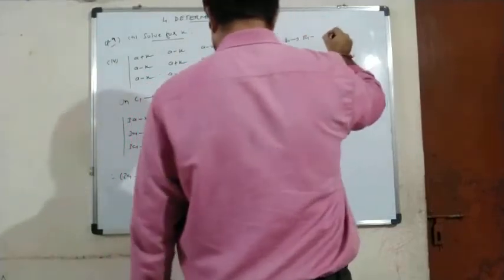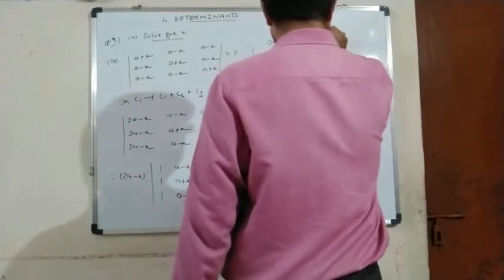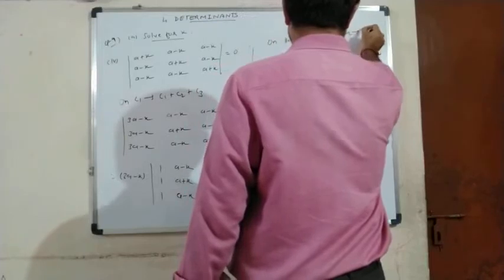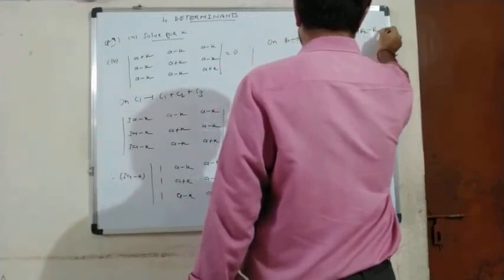Now on R1 minus R3, and on R2 we will subtract R2 minus R3.